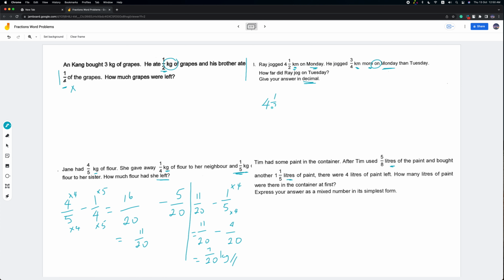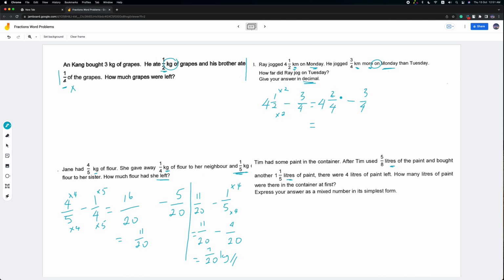So 4.5 minus 3/4. We change this fraction to denominator 4. We have 4 2/4 minus 3/4. Now this is interesting.